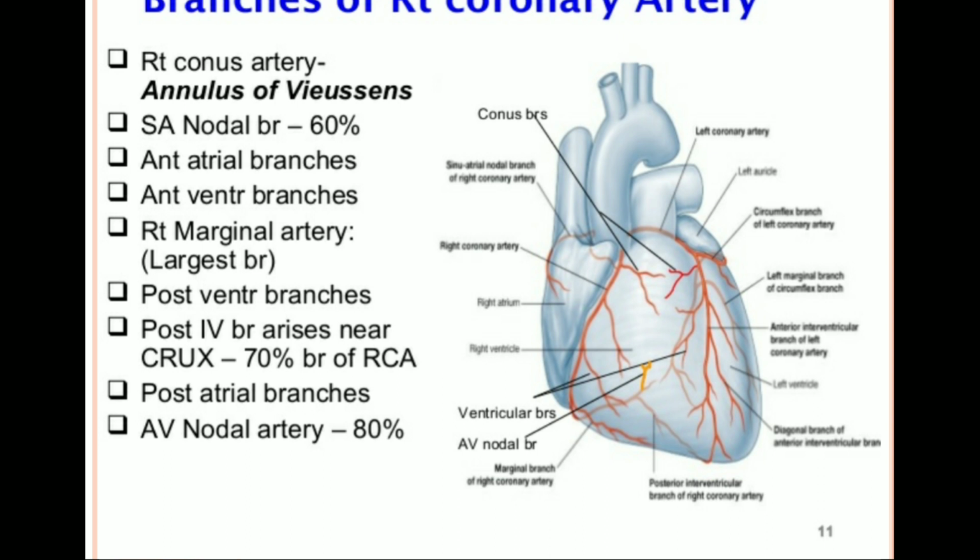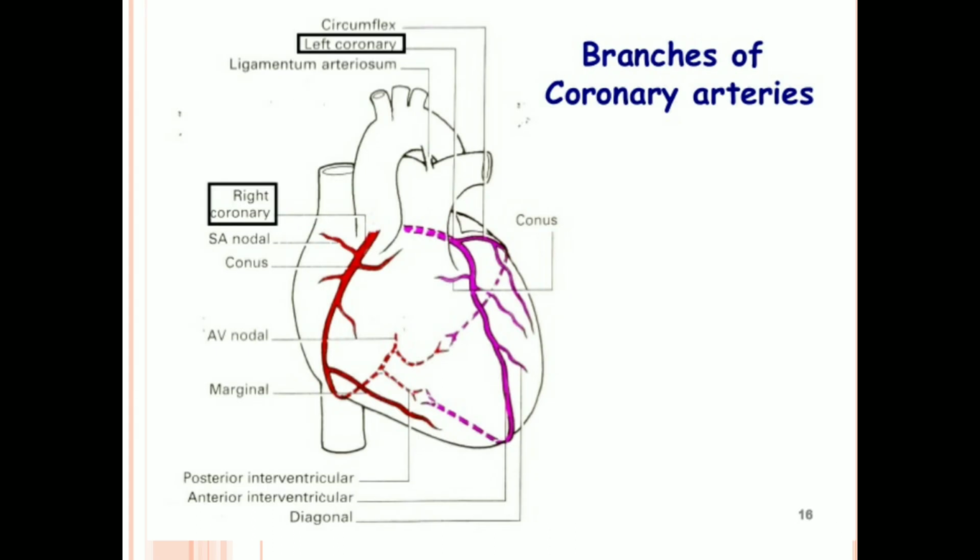Then we'll look into the areas of distribution, where all it supplies: right atrium, greater part of the right ventricle, small portion of the left ventricle, entire conductive system of the heart except the left branch of the AV bundle, and the posterior part of the interventricular septum. These are all the areas of distribution of the right coronary artery.